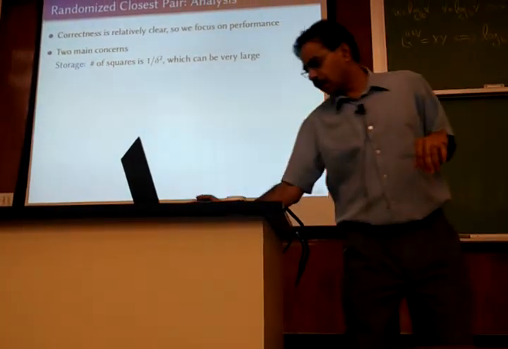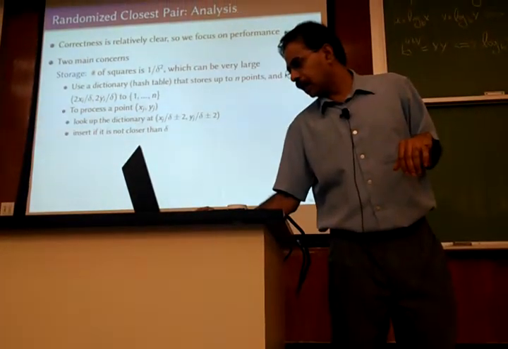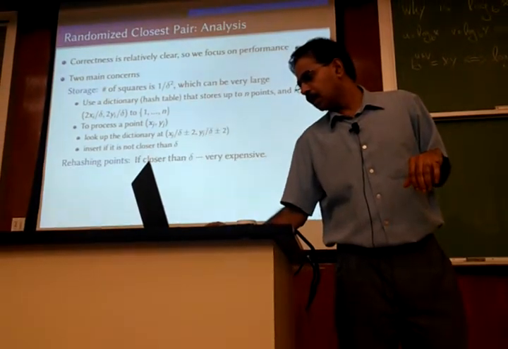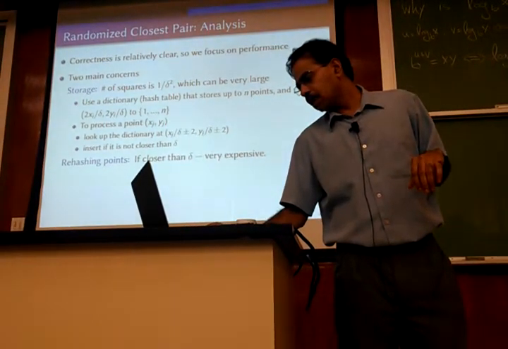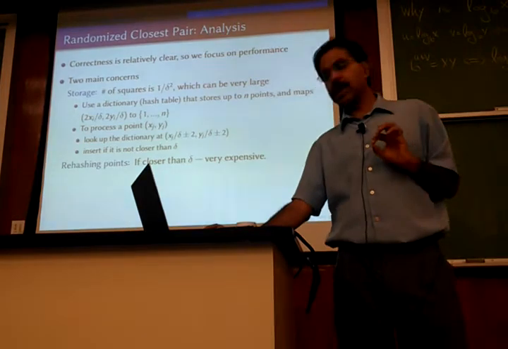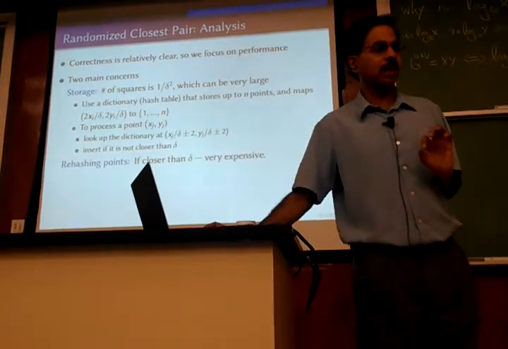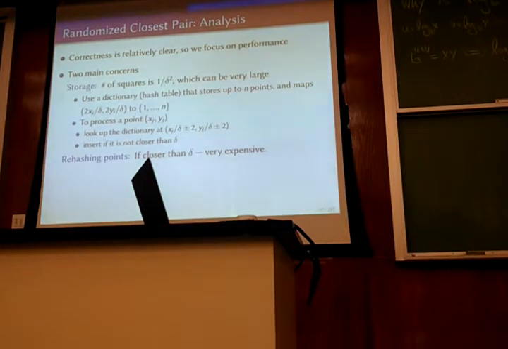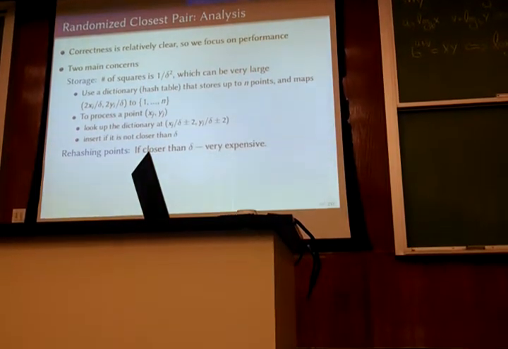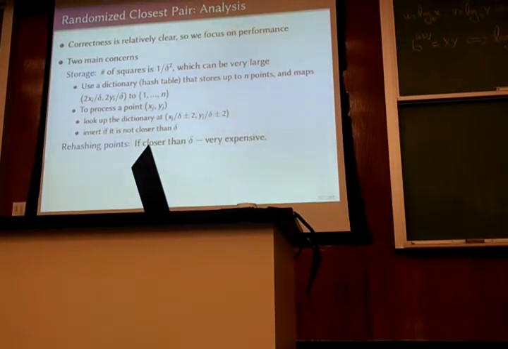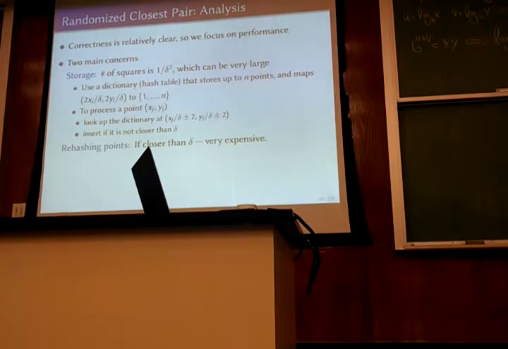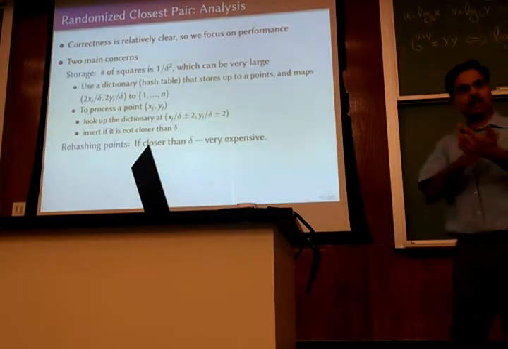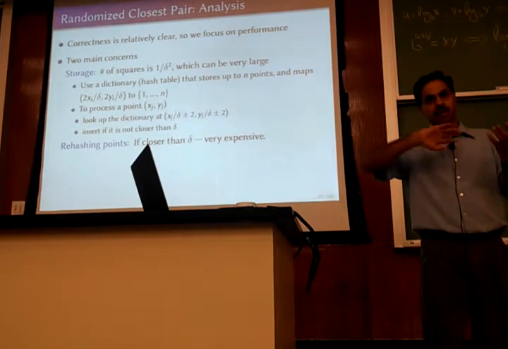So let's look at the performance. As I said, the performance is really affected by how often you have to rehash. Let's go through this a little bit more carefully. You process k points, put them into these hash table cells.